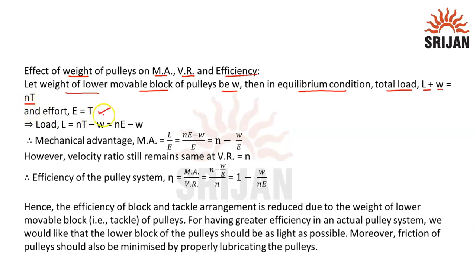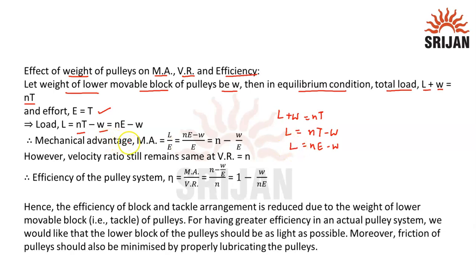Now since the effort E is equal to tension, the load will be given by L equals nT minus W, because we know that L plus W is equal to nT. So if you want to calculate L, you take this W to the other side. So L is nT minus W. And since T can be written as E, this equation can be modified as nE minus W.